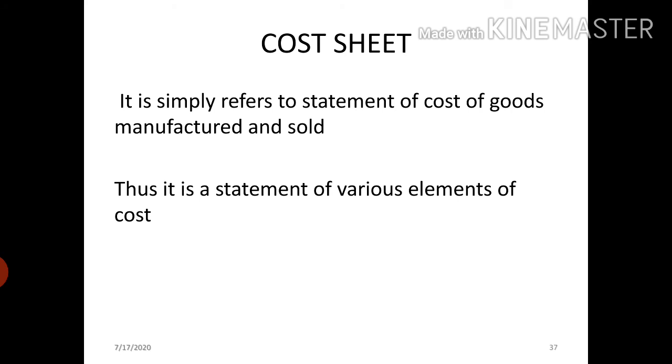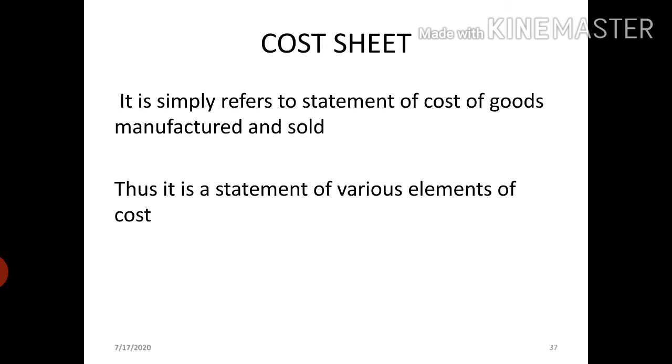For this purpose we need to prepare a statement. This statement is known as cost sheet. Thus it is a statement of various elements of cost. Is everyone clear? Yes. Then next we can discuss the advantages or purpose of cost sheet.